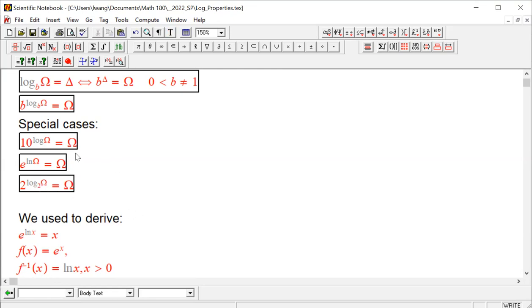In other words, right, if you look at omega, omega can be any positive number, right? That's the range, right? So any positive number can be expressed exponentially by any base, provided that the base is greater than 0 and not equal to 1.